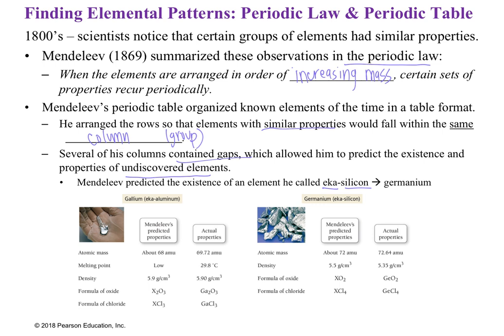They predicted, based on where it should have gone, that it should have a mass of 72. It basically does. That its density should be about 5.5. It's pretty close. That it would react with oxygen and chlorine with that formula, and it did. We also see similar predictions with gallium, which was similar to aluminum.